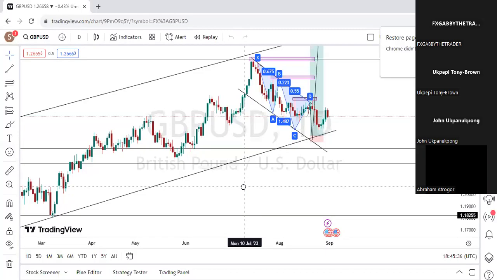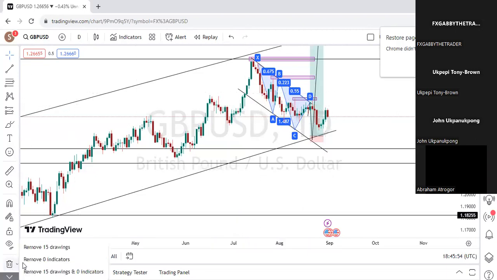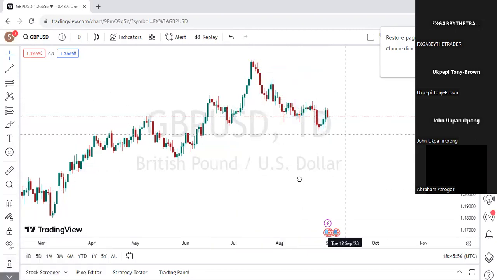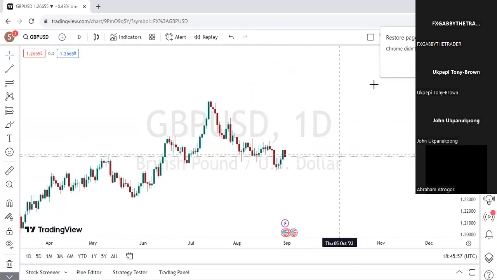So this is a scenario for the market. This is just an example of what the market looks like. I want to clear this up. So this is how the market looks.